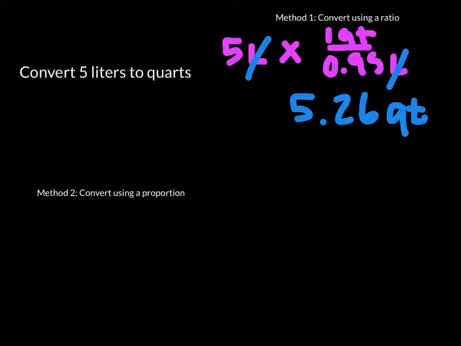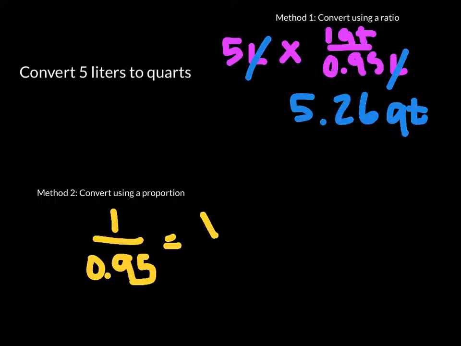Now the second way we can do it is using a proportion, and that would be like this. We have our 1 over 0.95 liters, and then we set that equal to x, which is the amount of quarts that we don't know, over 5 liters. Then we cross multiply. That means 5 times 1 and x times 0.95.